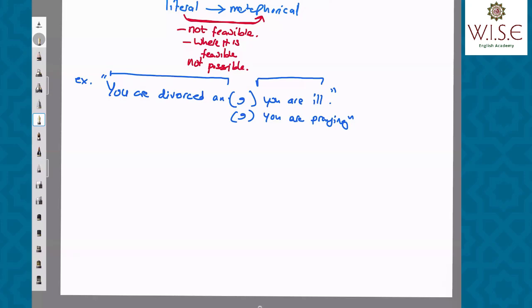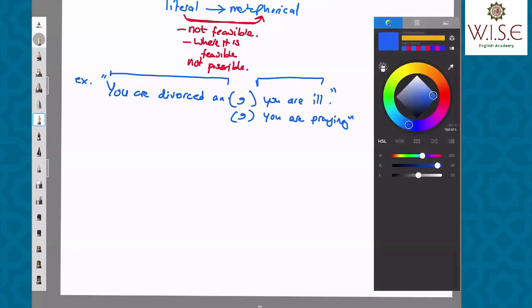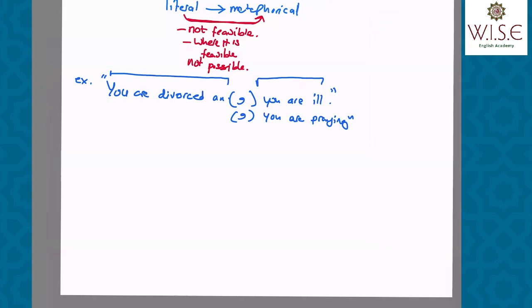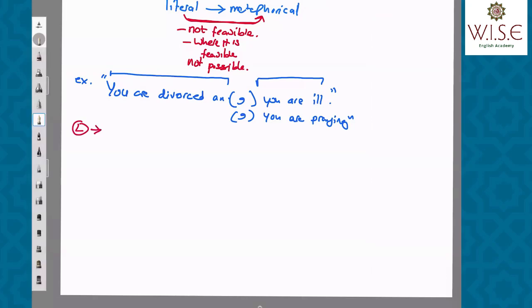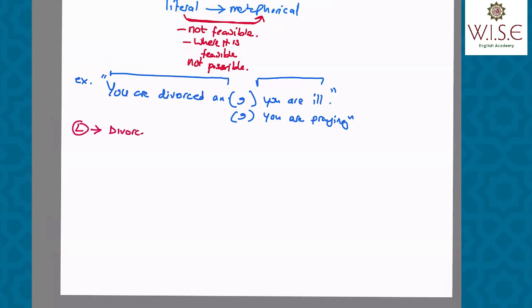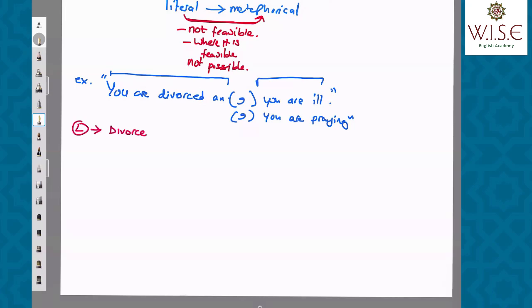Now, if we take the literal, so I'm going to put L here for literal. If we take the literal idea, divorce will happen. Why? Because we take them both as two independently conjoined sentences. And this is a valid possibility.